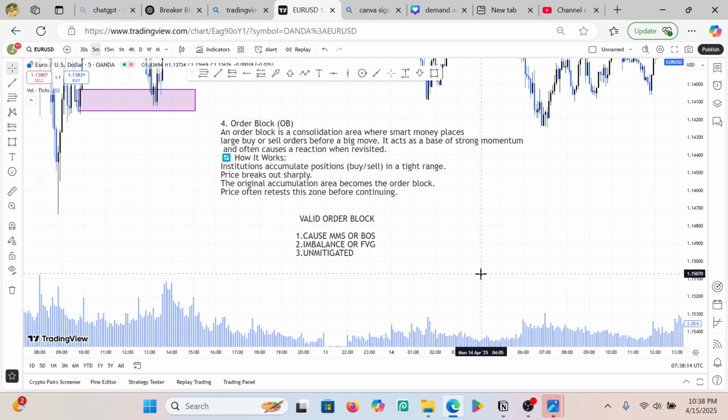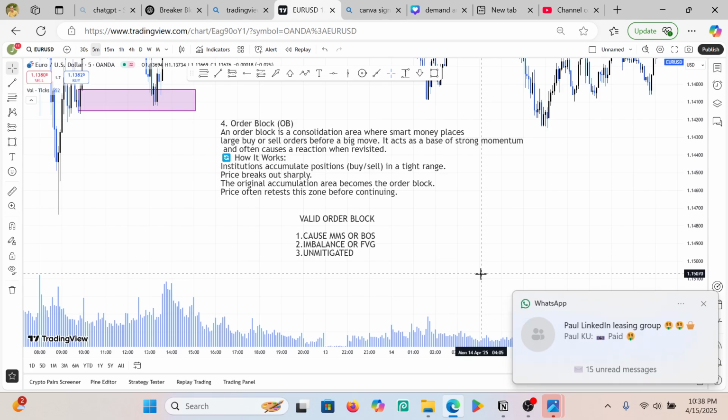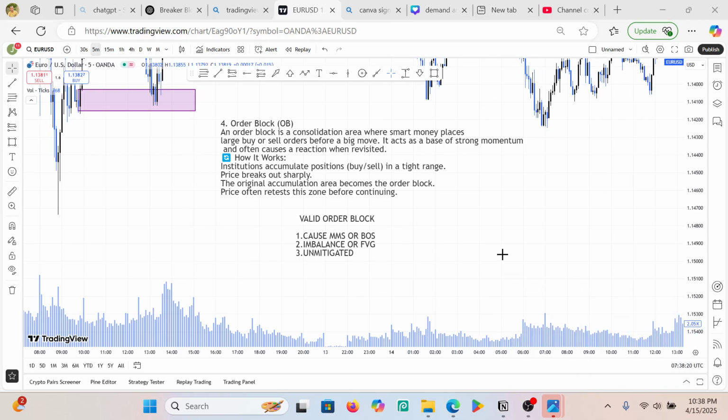Today I have decided to make a video on order blocks, specifically a valid order block. We have two types of order block: bullish and bearish. But an order block can be invalid or valid. As you know, we trade a valid order block.